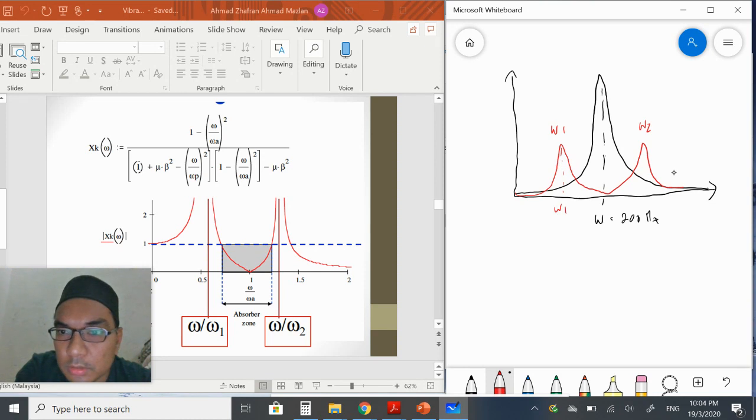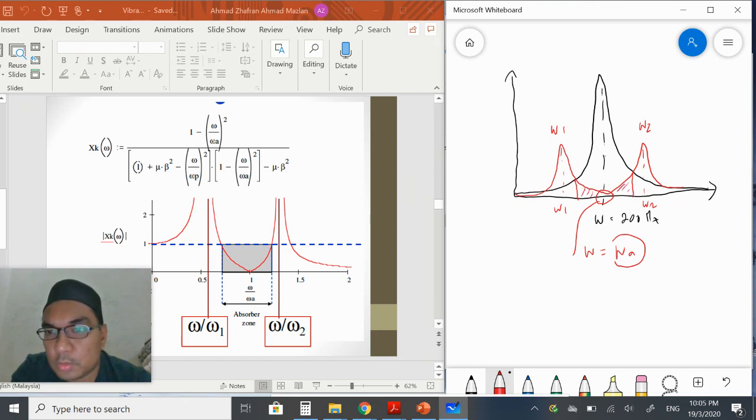We induce two new natural frequencies, but what you can see here is the response becomes 0 where omega equals omega A. We design the natural frequency of the DVA to be equal to the operating frequency, so the vibration will become 0, and it has lowered the new range of operating frequency.